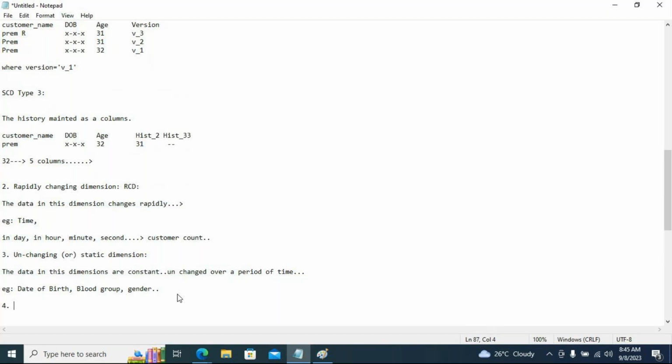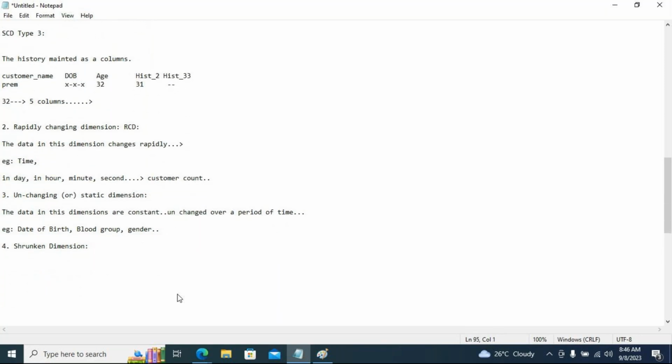Another one is a shrunken dimension. What is the shrunken dimension? Any idea?